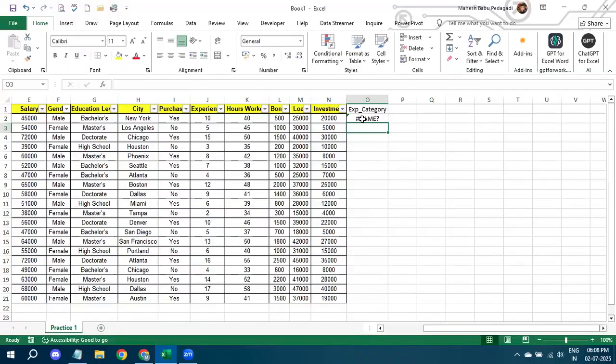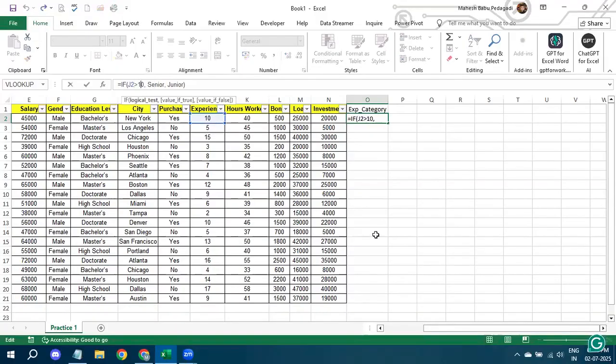Why am I getting this name error? Anyone? I will provide you the access to talk. Double quotes. Double quotes for senior and junior. Why do I need to mention double quotes for senior and junior, and why not for 10? It is a string. The condition is a value that we are showing.